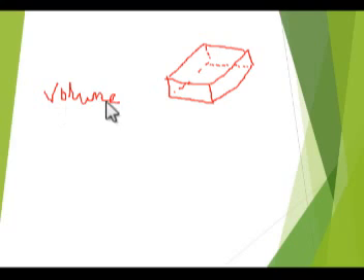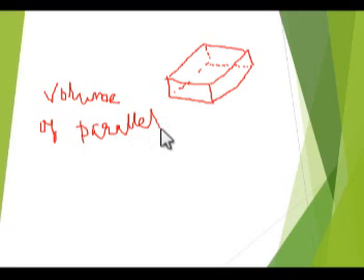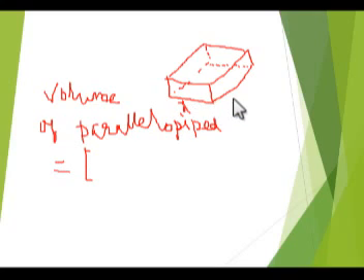Volume is equal to the scalar triple product of any three vectors working like this: this is the A vector, this is the B vector, and this is the C vector.